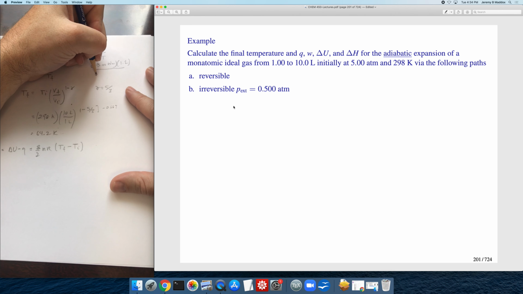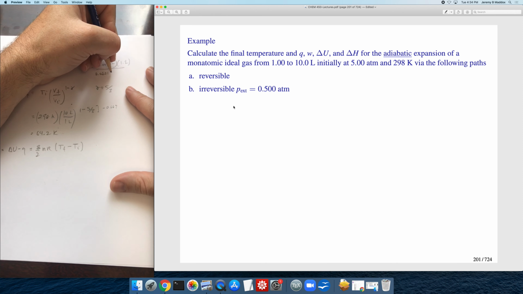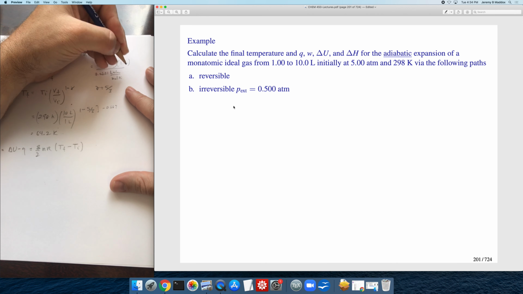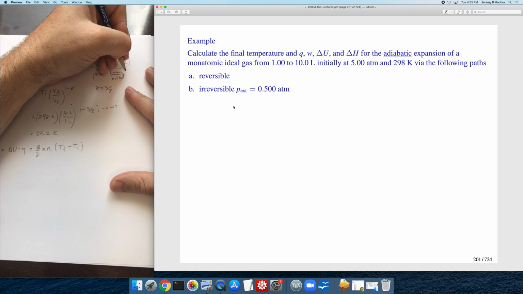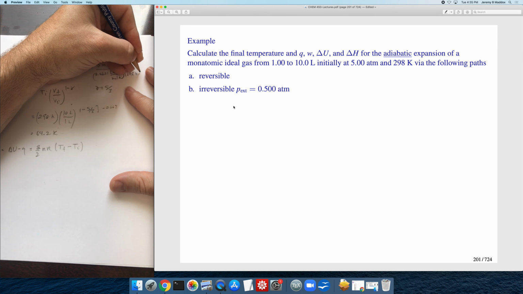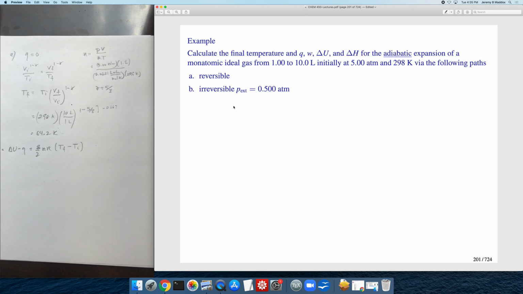And then we use this version of the gas constant. And that's at 298 Kelvin. I'm getting 0.2 moles.